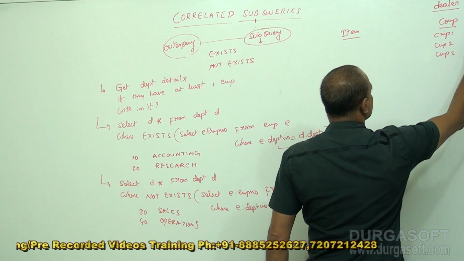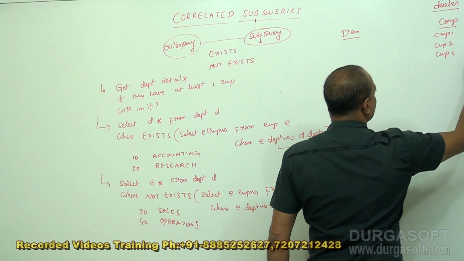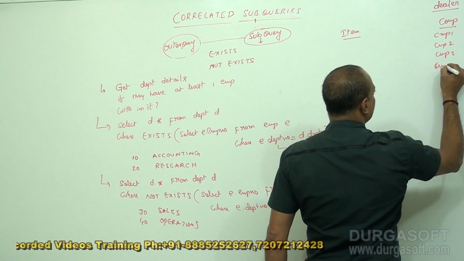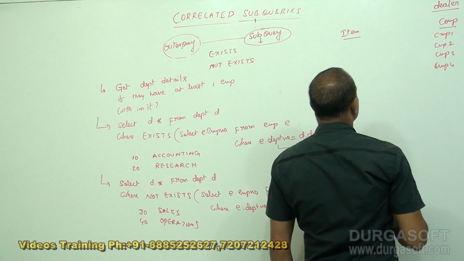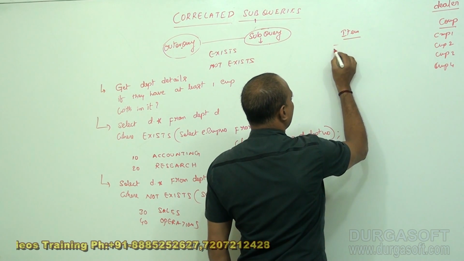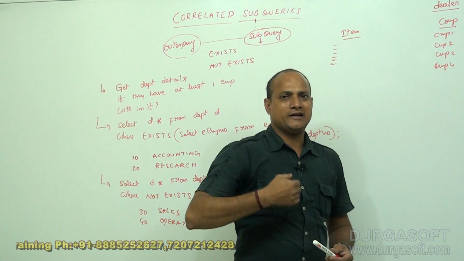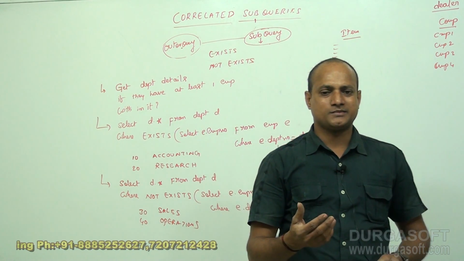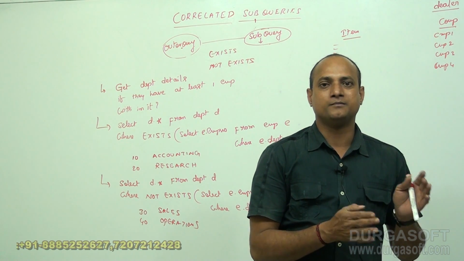Here different companies are there: CMP1, CMP2, CMP3, HDC, Philips, Sony, Wipro. I am the dealer for these companies. Here I am maintaining item details. Every day items are sold out, so sometimes we need to verify whether the items are available from the company or not.